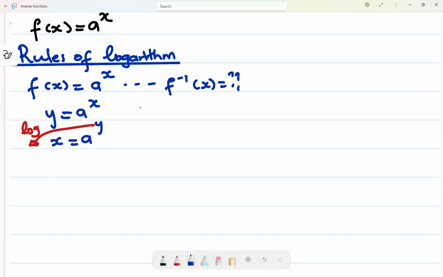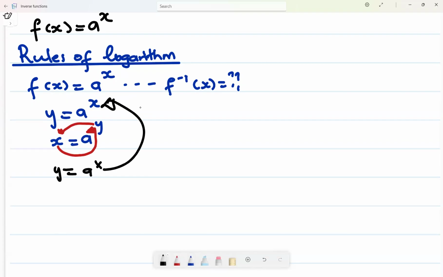I need you to hear me very well. I wanted this y to be in the position of x, therefore this x should be in the position of y. Can I just say y equals a to the power of x? No, because I'm going back to the original function.